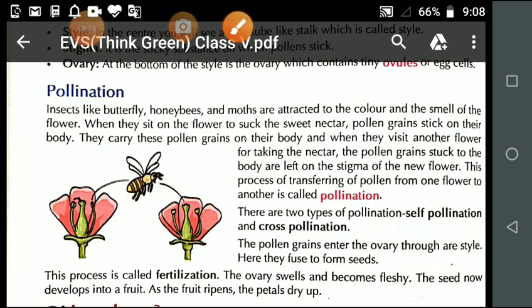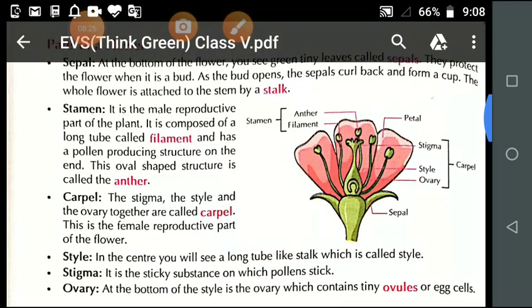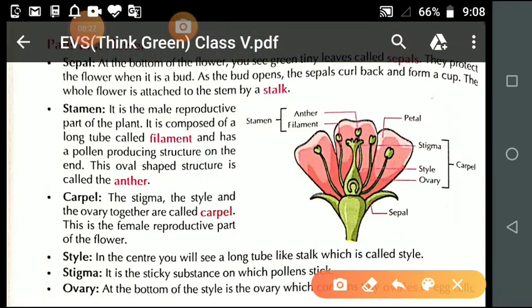See, this flower contains both the male and female parts. So pollen from this anther moves to the stigma in the same flower, and this is known as self pollination. Is it clear?